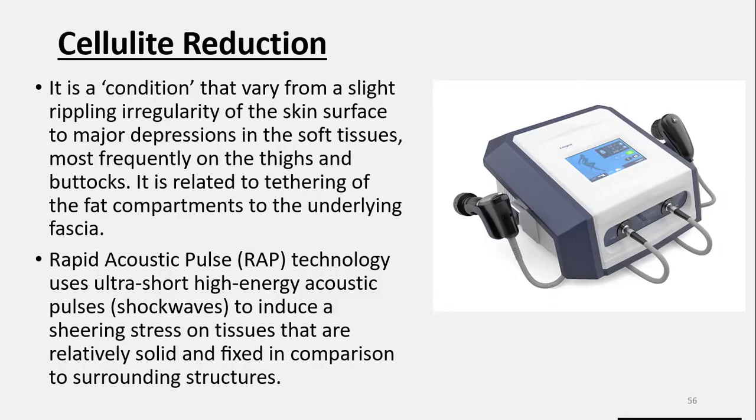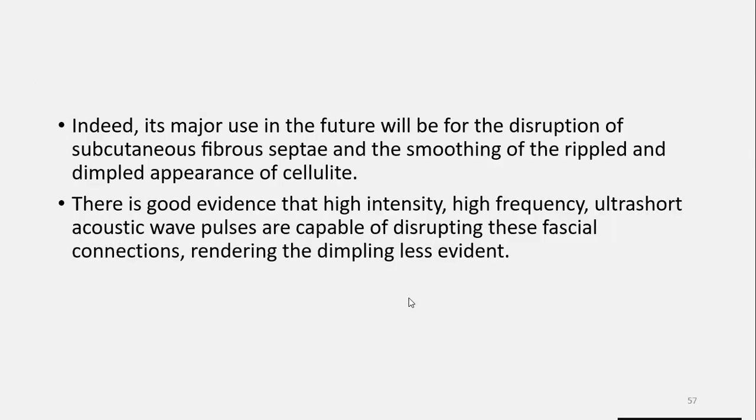Rapid acoustic pulse (RAP) technology uses ultra-short, high-energy acoustic pulses, also known as shock waves, to induce shearing stress on tissue that is relatively solid and fixed in comparison with surrounding tissue. So the fibrous bands are broken by these high-energy acoustic pulses.